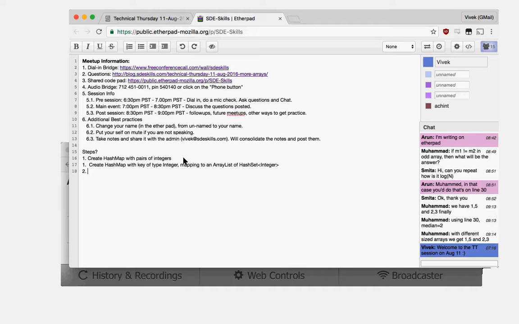Essentially, it's a tuple, right? The hash set will be a tuple. Exactly. It'll be your two indices that added up to that. And the reason I have the array list is you could end up with more than one possibility with matching to that sum. That is correct. Yeah, and then of course you've got to iterate.